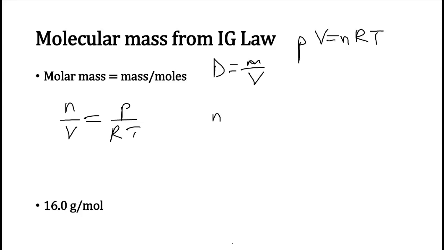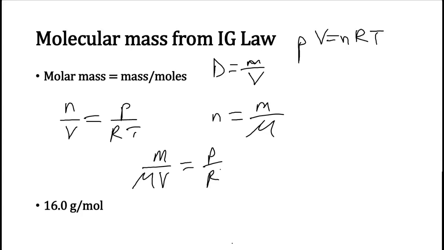So we know that moles is equal to the mass divided by the molecular weight, which we'll use the script M for here really quick. So substituting in for n, we'll get the mass over the molecular weight times volume is equal to P over RT.